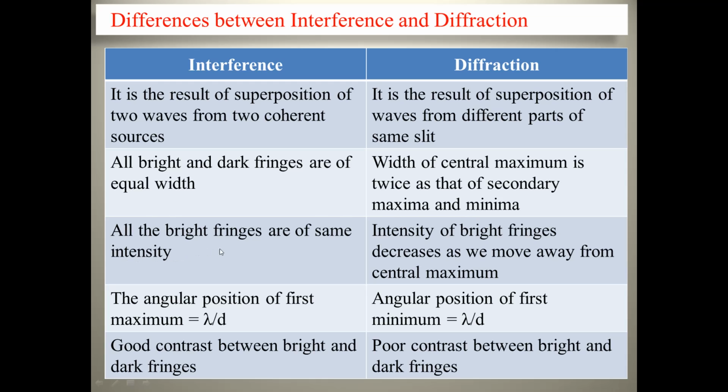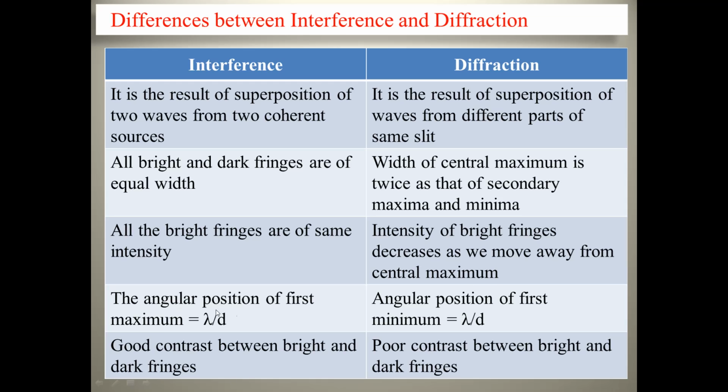In interference, all the bright fringes are of the same intensity. But in diffraction, the intensity of bright fringes decreases as one moves from the central maximum.